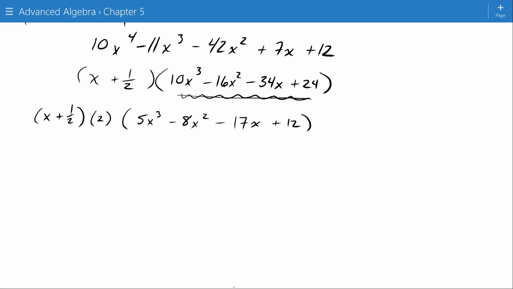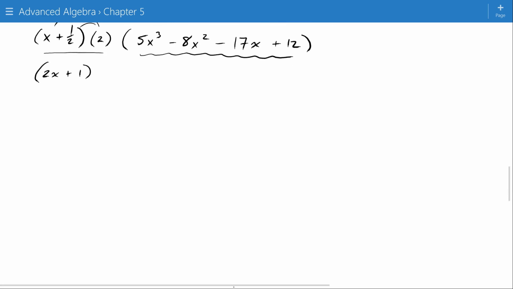So what you might notice here is that if I multiply the 2 into it, we'll be left with 2x plus 1, which looks a little more like the factors we're used to seeing. So I didn't change anything of the problem. It's not a new problem at all. It's just multiplying that 2 in to get rid of the fraction. And we still have 5x cubed minus 8x squared minus 17x plus 12. And we've got to work with that now.